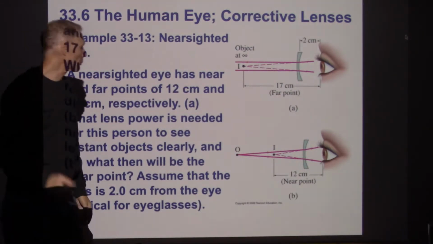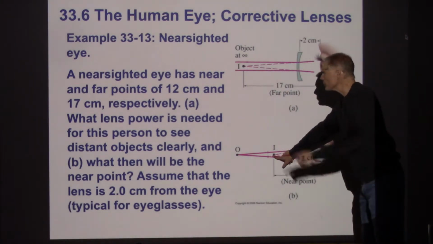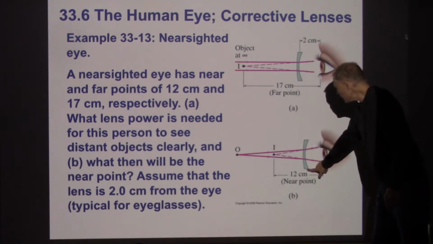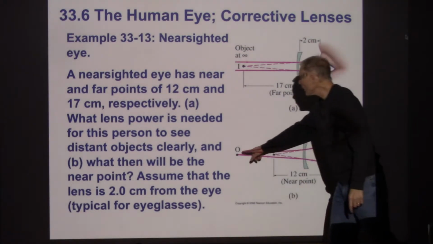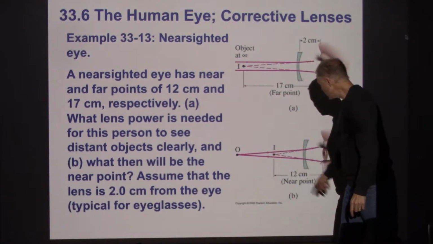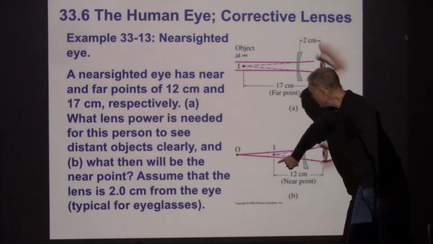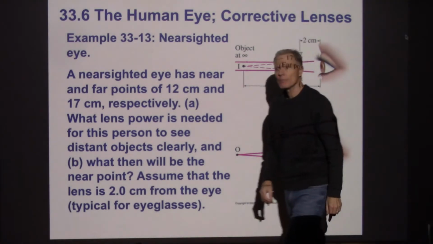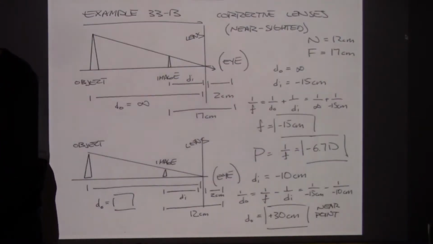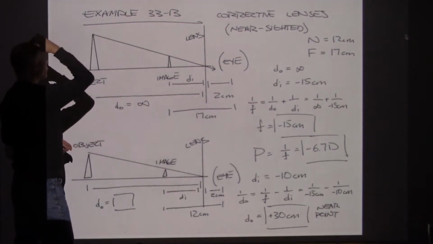So for that part of the problem, we'll look at the person's near point, 12 centimeters, and then with the lenses in place, determine where an object can be placed that will still show up at the person's near point. If we continue using that 2 centimeters, DI in this case is going to be negative 10 centimeters. Let's see if we did it right. Let's see if we did it at all. And here is the solution for that.